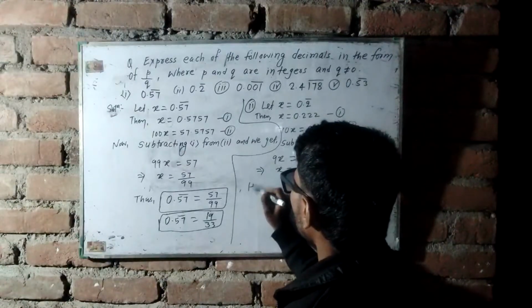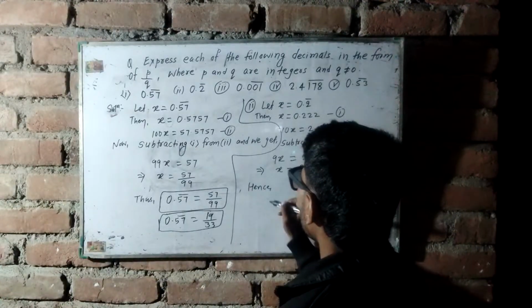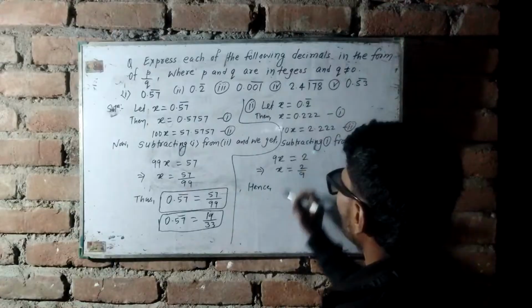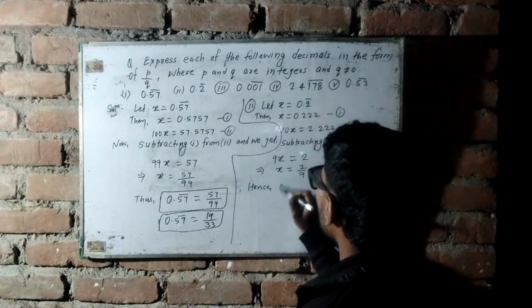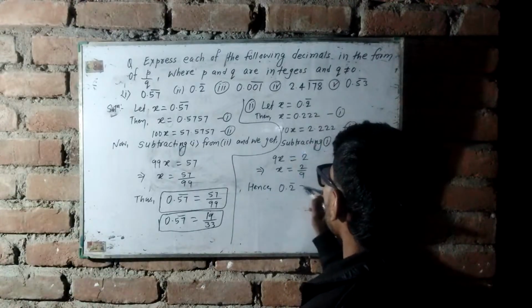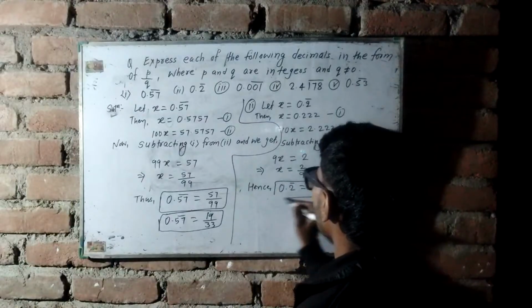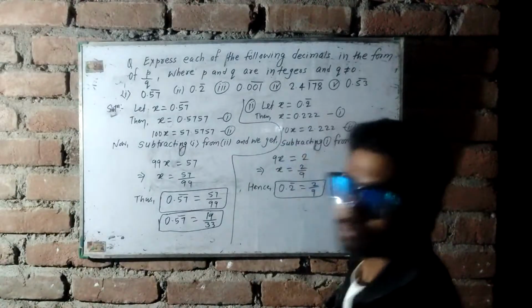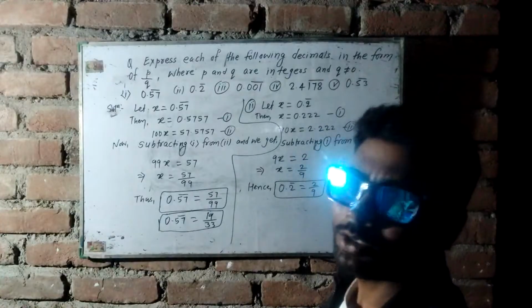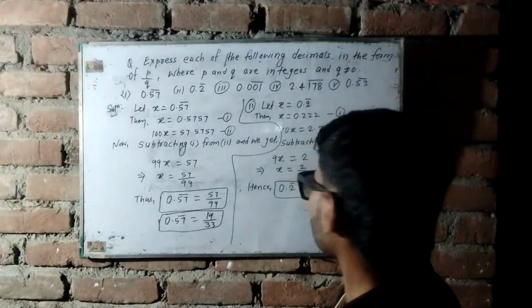Hence, we can write 0.2 repeating is equal to 2 upon 9. This is the required answer. Now let's go ahead to the next questions.